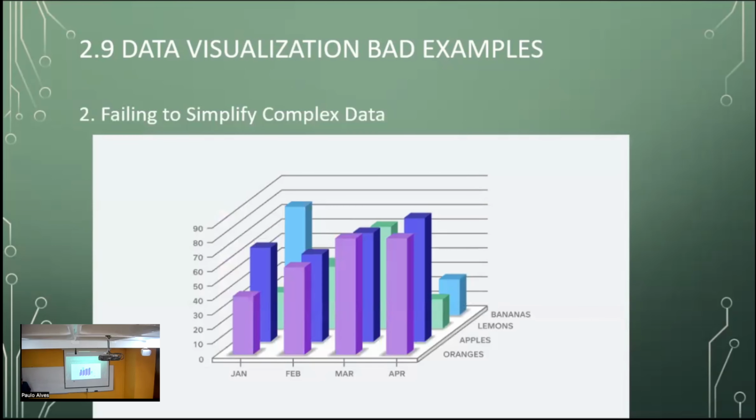Failing to simplify complex data. What is wrong with this one? Because there are some called the high hidden. Yes. There are loopers. Okay, they cannot tell what the data are, so it's not possible. Occlusion.